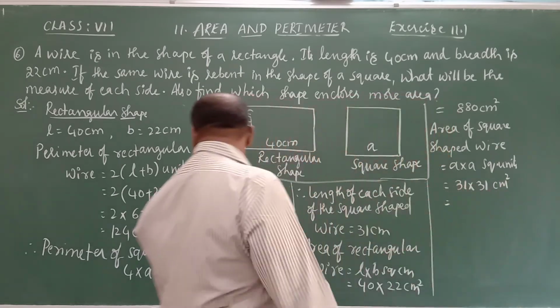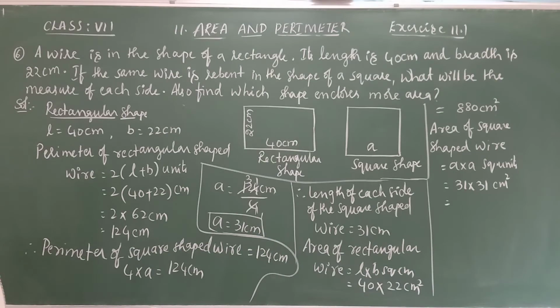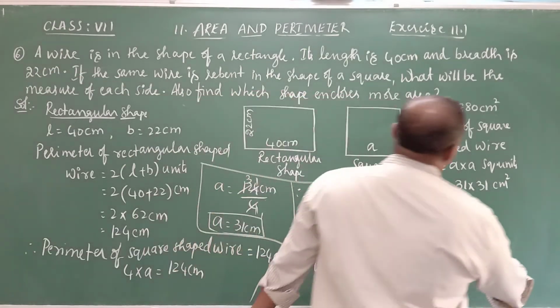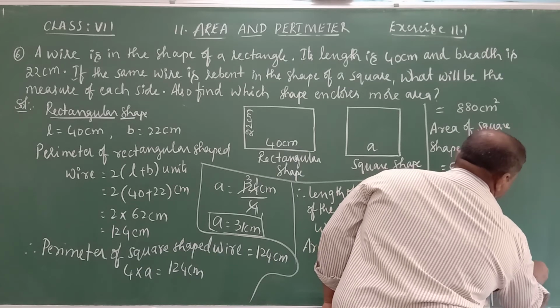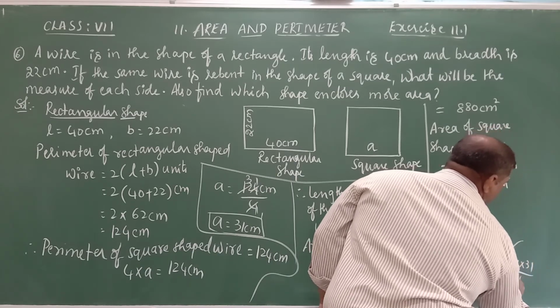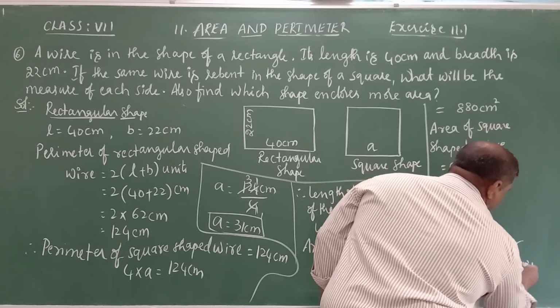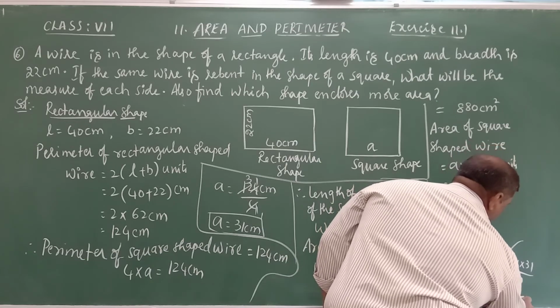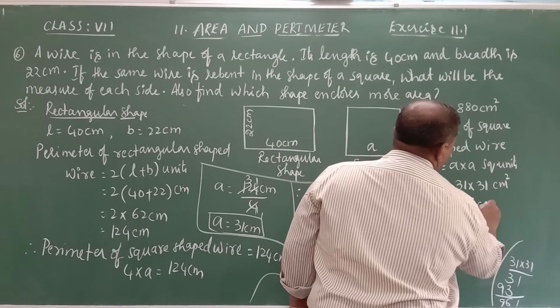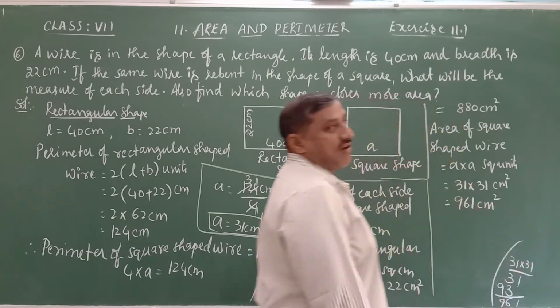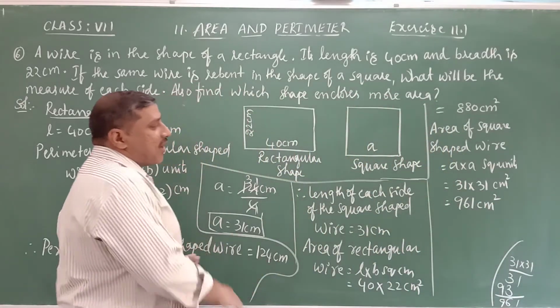Now multiply 31 into 31, here I do the rough work. 1 one is 1, 1 three is 3, 3 ones are 3, 3 threes are 9. So 961 centimeter square.